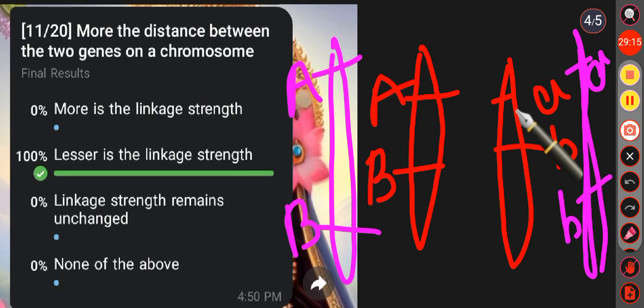So distance between two genes is inversely proportional to the strength of the linkage. It means when the distance is greater, the strength of the linkage is lower. So here the correct answer is option B.